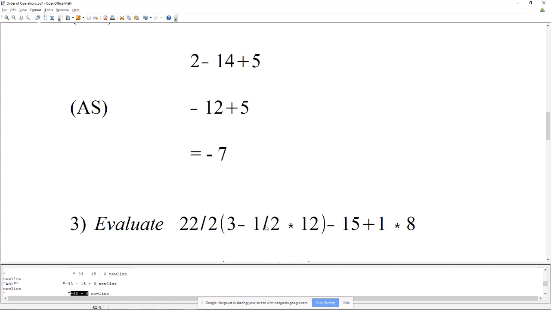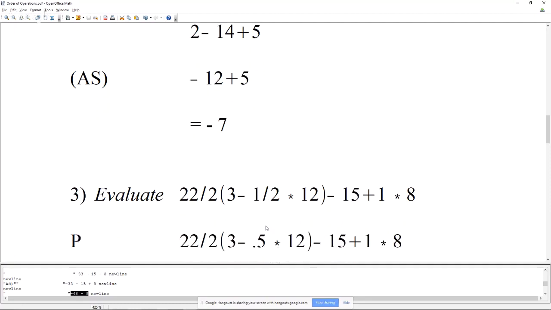But I still like to do it, if I saw something like this, and get to 0.5, because then I know that I'm not going to get confused by, is it 3/1 divided by 2 times 12? No, I know that this term is a separate term. So it's 3 minus the term 1/2 times the term 12.